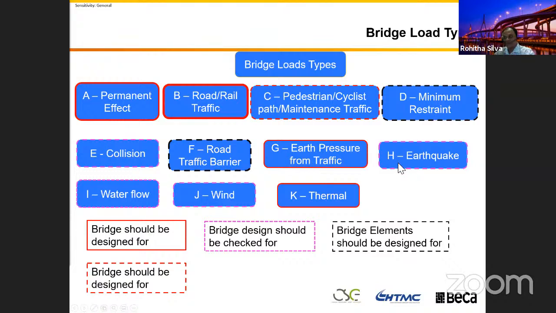And the other thing, the earthquake effect: the way you include it in your model is different. The load data you just need to include in your model. It's not the same as what you are going to do here. If you want to change the stiffness of the members, certain elements you can change. So you just need to understand each and every load case and the behavior of your structure.